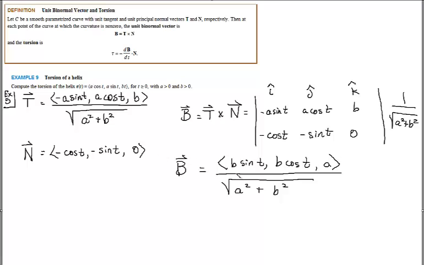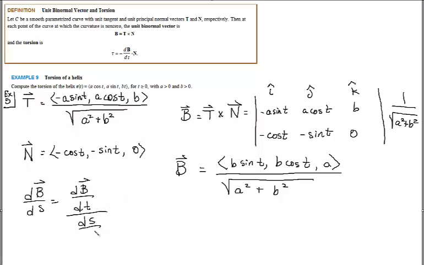Now, I'm going to need to find the derivative of this vector with respect to s. Because this B vector is in terms of t, I will compute the derivative with respect to t and then divide by ds over dt.